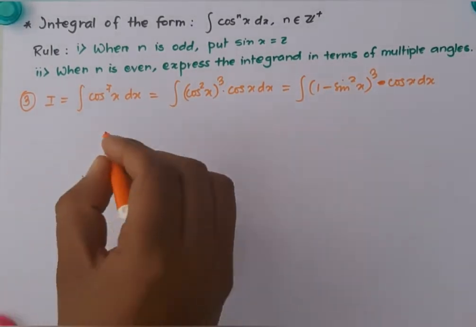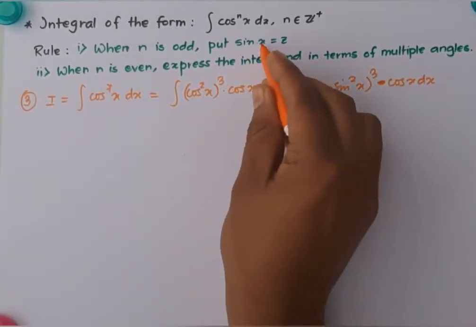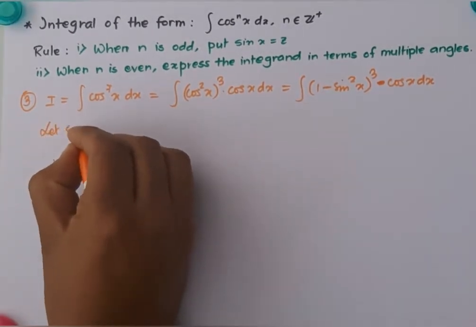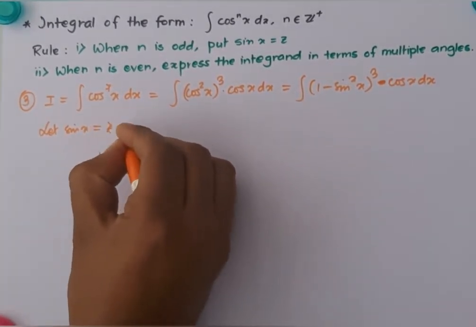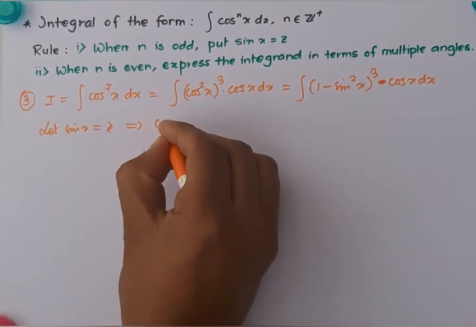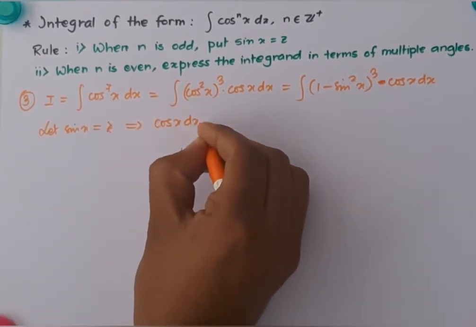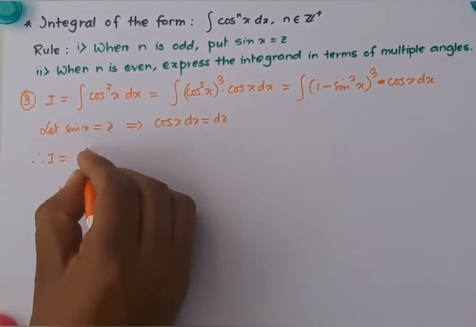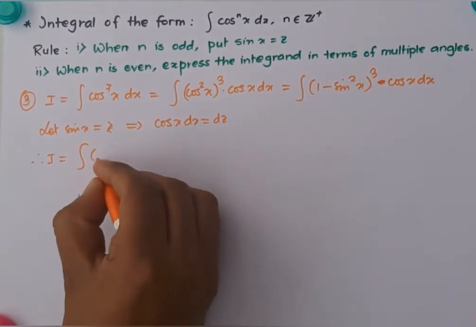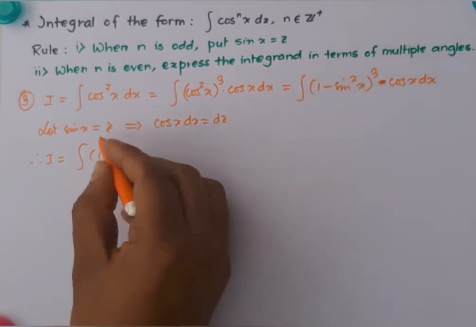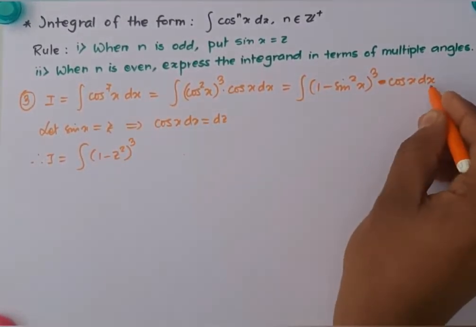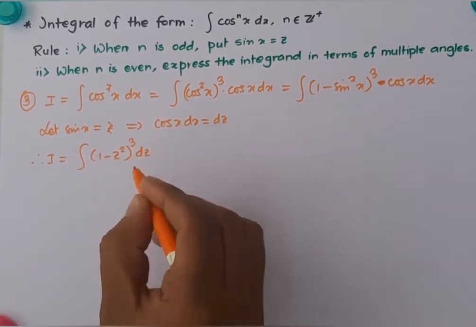Now let's do the substitution: sin x equals z. So let sin x equal z, so this will give you cos x dx equals dz. Therefore your integral I will change into, look here carefully, (1 minus sin square x becomes z square) whole cube into cos x dx which is dz, right?